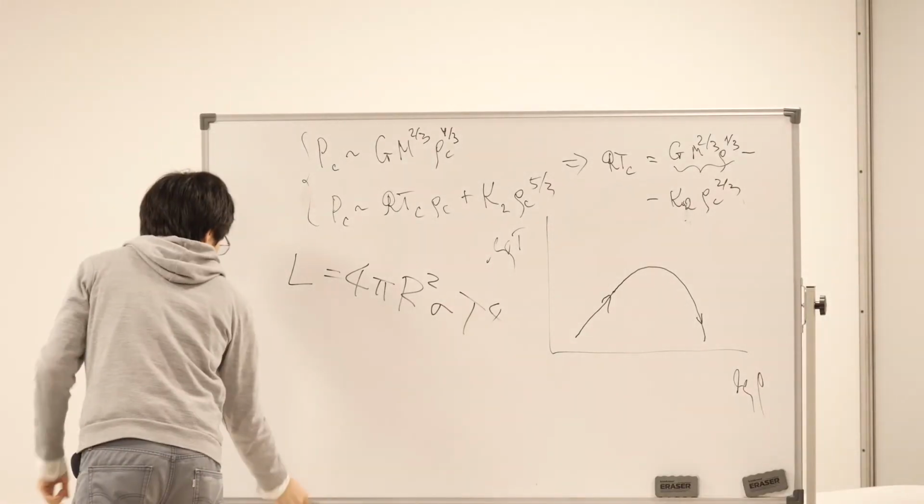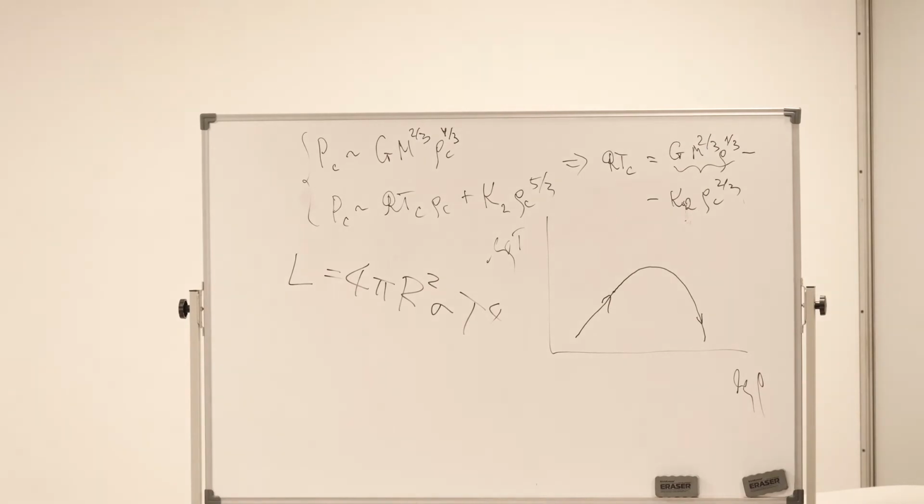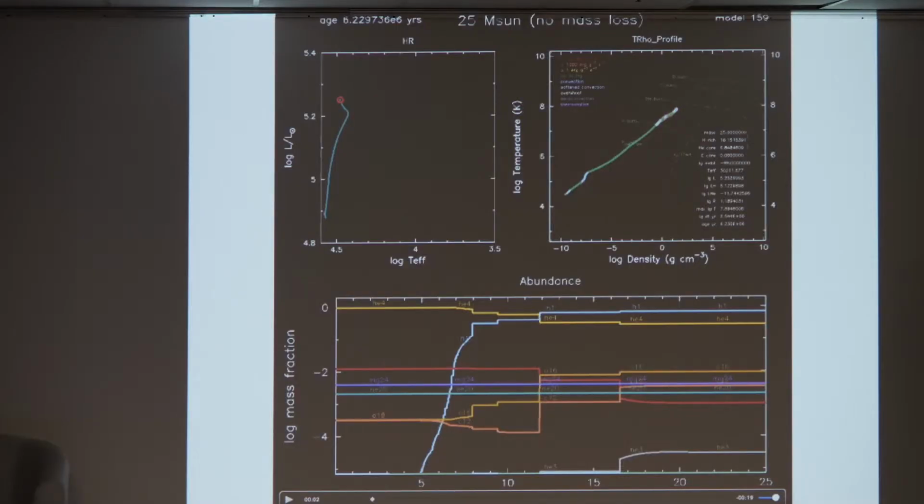So you can imagine the radius gets higher as you go in this direction. So at some point, this star starts to contract, and that's basically because of the nuclear energy supply.